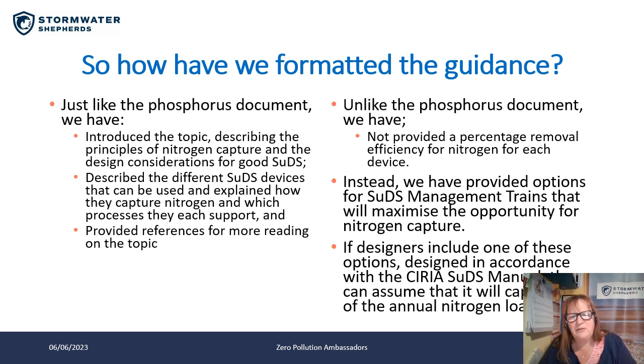So instead, we've provided options for how you might develop a SuDS management train, and we've concluded that if you do one of the two options we describe and you design them well in accordance with the Serious SuDS manual, then you can have an assigned nitrogen removal figure for your entire SuDS management train. And I'll describe that a little bit more in a moment.